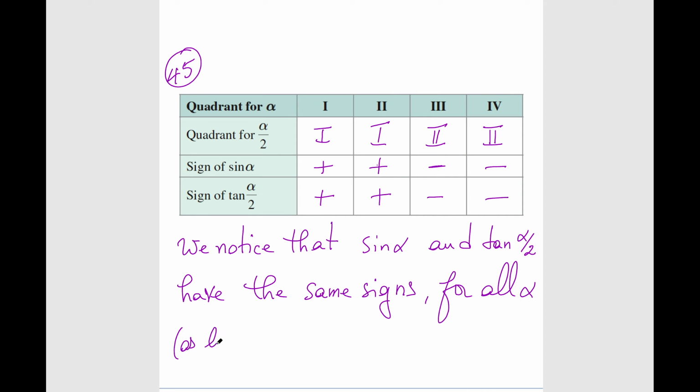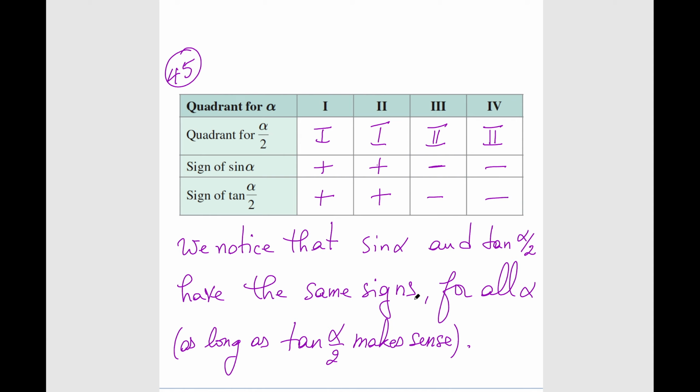Obviously, as long as tangent of alpha over 2 makes sense. What I mean here is alpha should not be an angle that makes tangent of alpha over 2 undefined, right? For example, if alpha is pi, tangent of pi over 2 doesn't make sense.